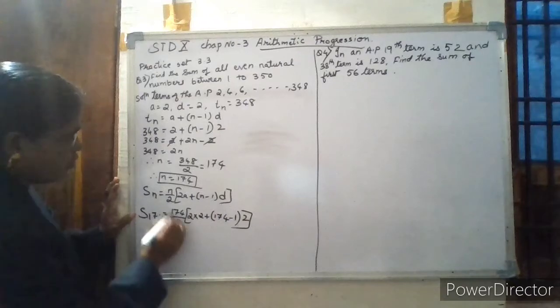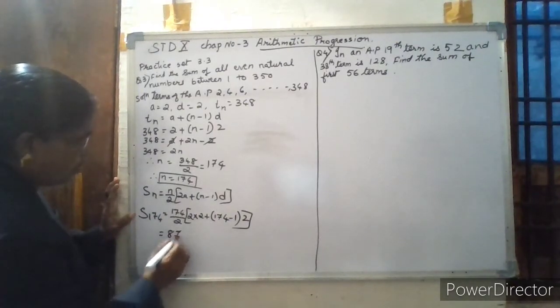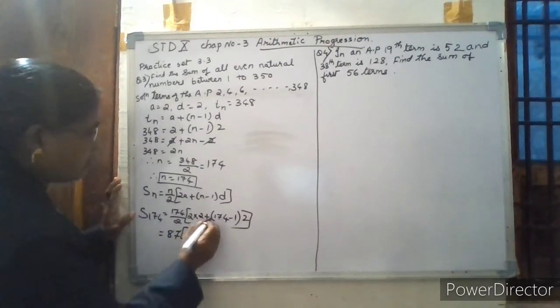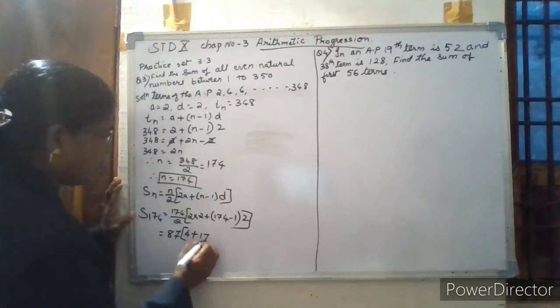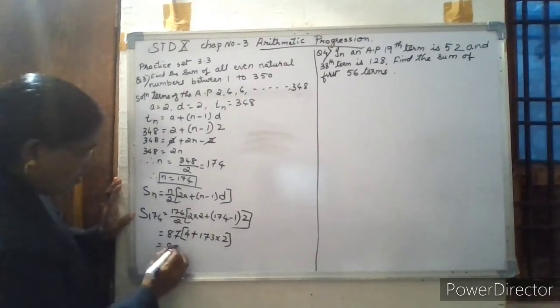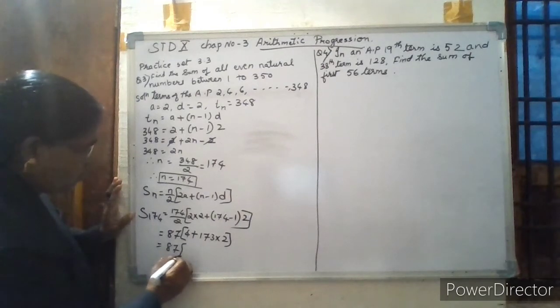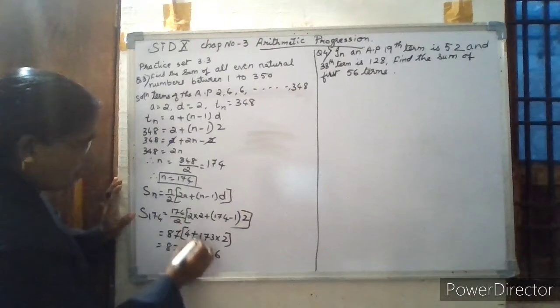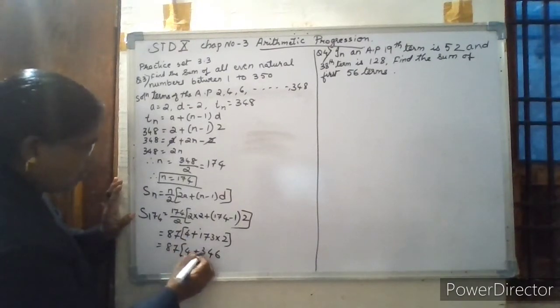If we divide, 174 by 2 is 87, into 4 plus 173 into 2. So it is 87 into 4 plus 346.